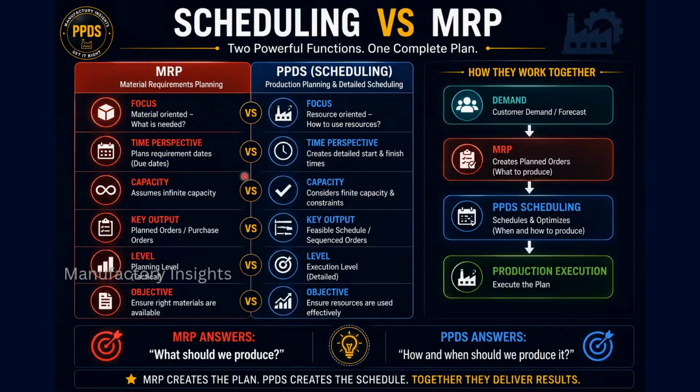MRP assumes capacity is available. PPDS validates capacity and creates realistic schedules. In simple terms, MRP answers the question, what should we produce? PPDS scheduling answers, how and when should we produce it? Together, they create a complete production planning solution.